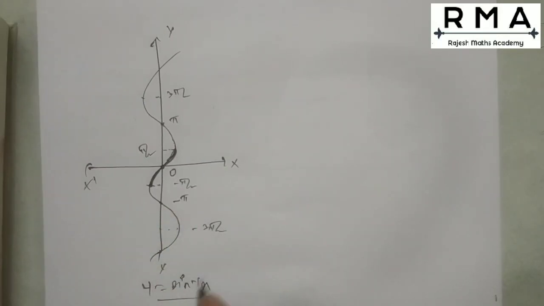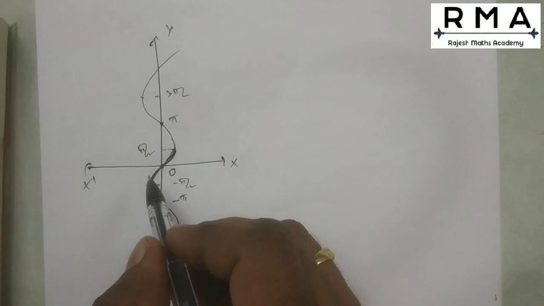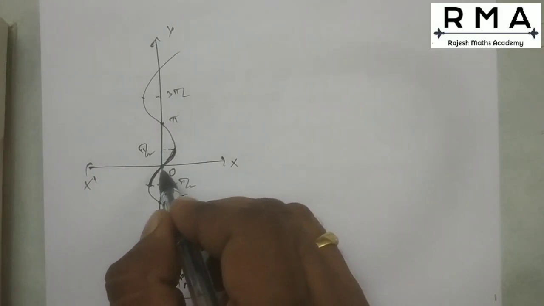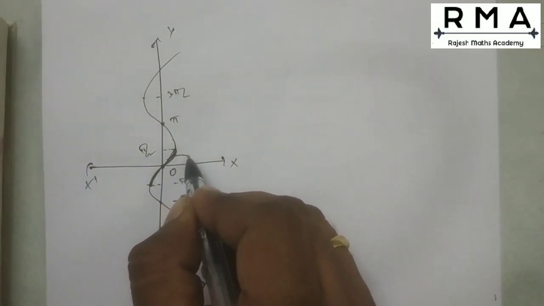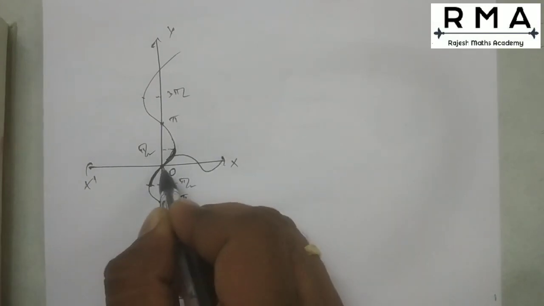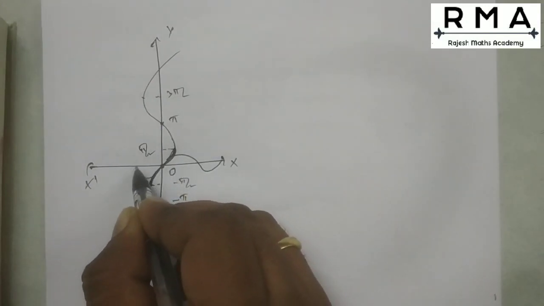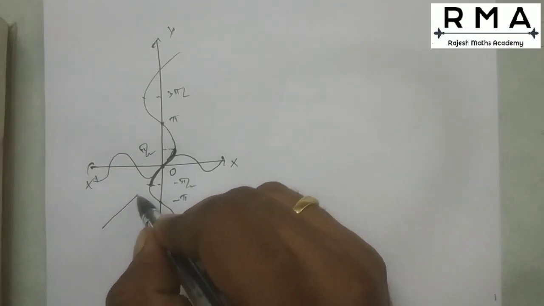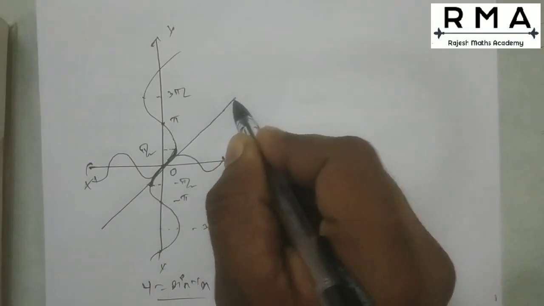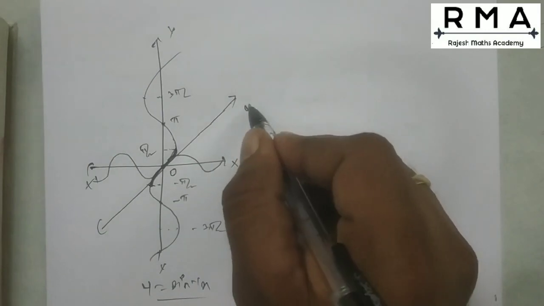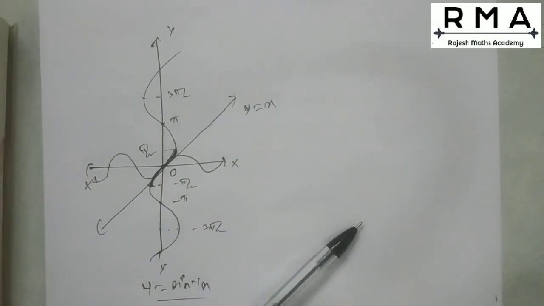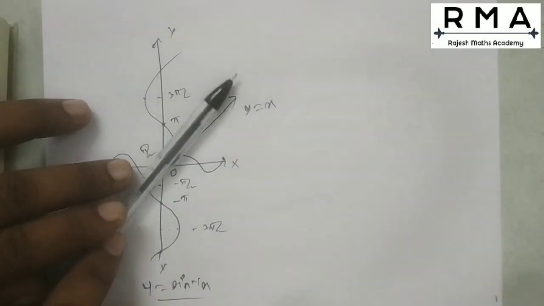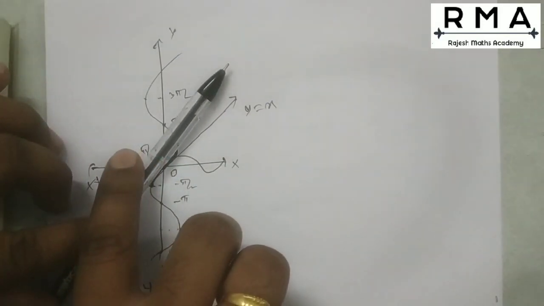Now if you are trying to draw the sine function's graph, that will be like that, and similarly this side also will go like that. It looks like, if you are keeping a mirror along this line, y equal to x, the other image will be the mirror reflection of that.